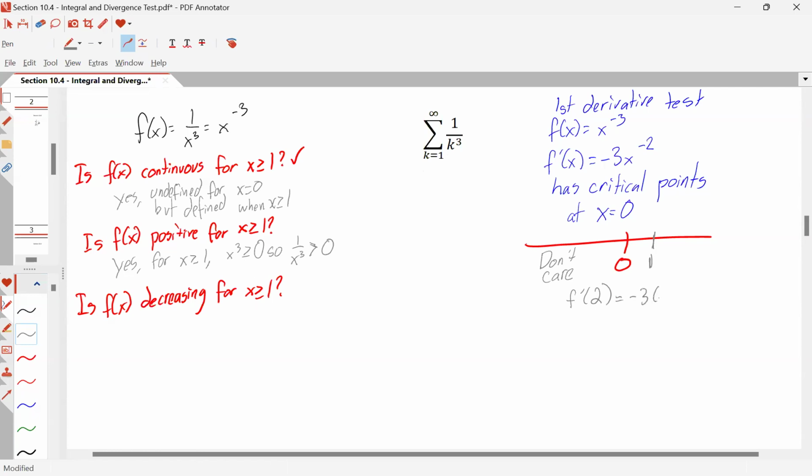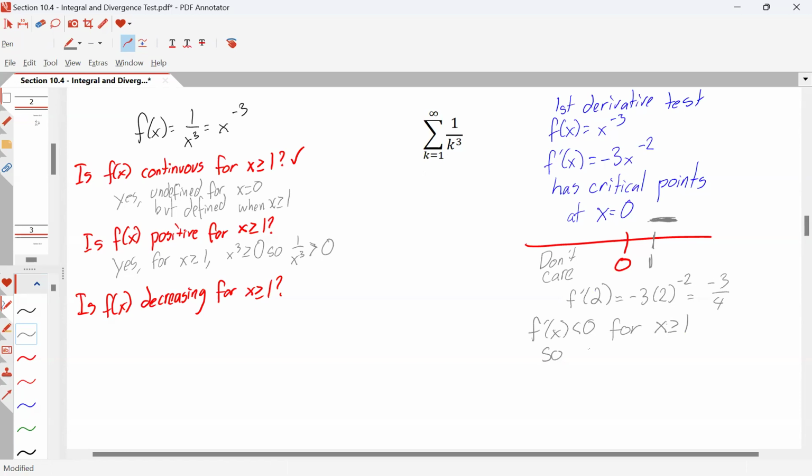F prime of 2 equals negative 3 times 2 to the negative 2, or negative 3 over 4. This is negative. And so all the points from 0 to infinity are negative. F prime of x is less than 0 for x greater than or equal to 1.